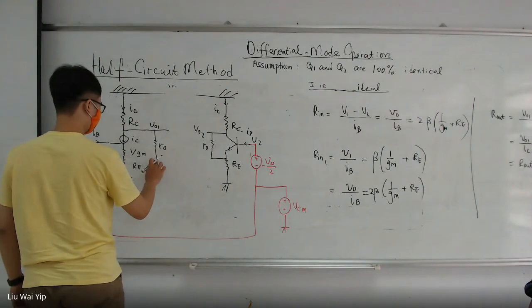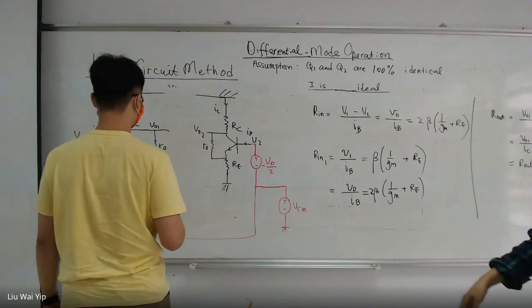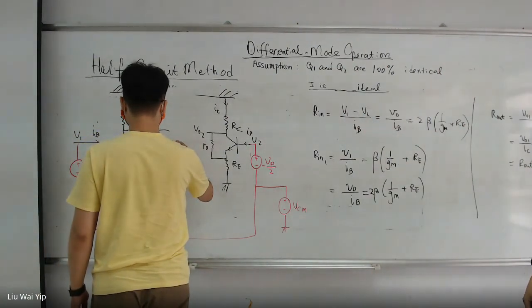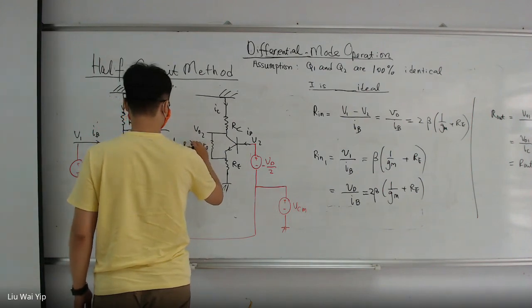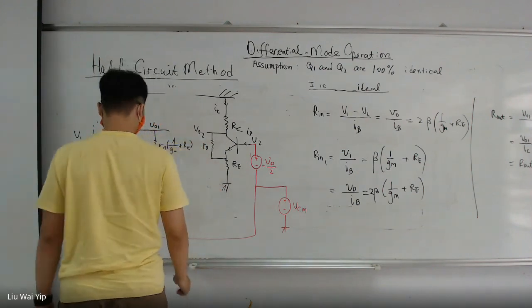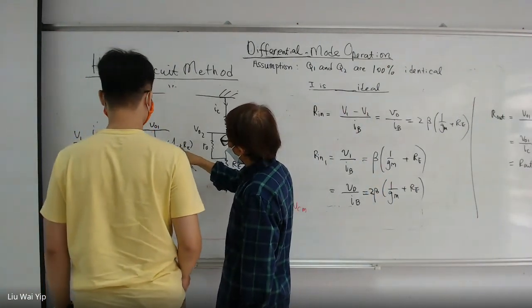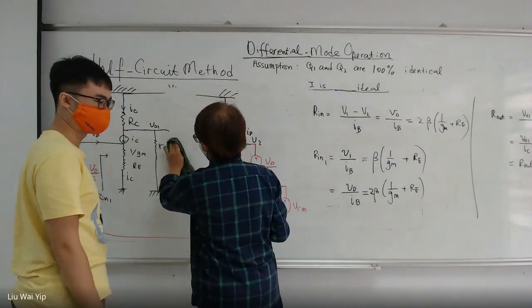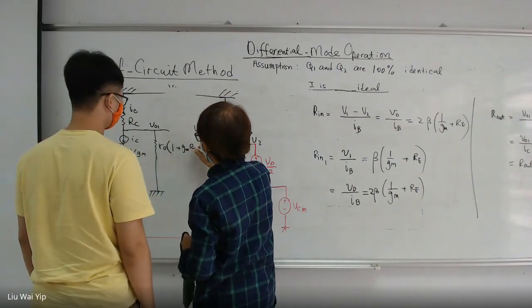We replace this, correct, and you have to change this value. It's like this, 1 plus gm RD.